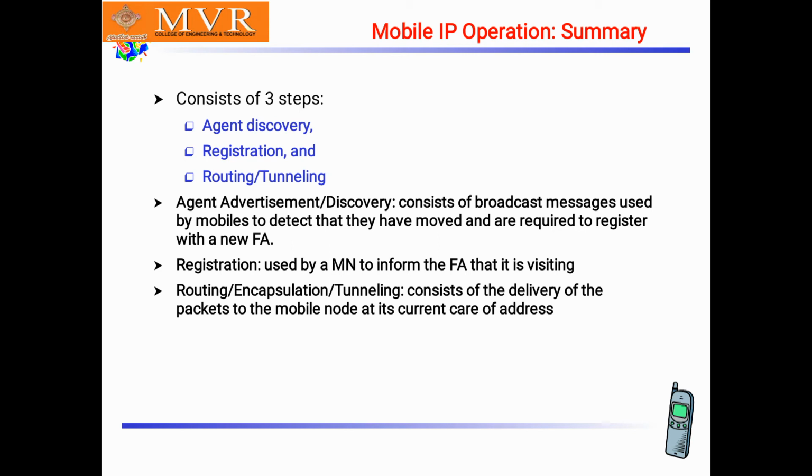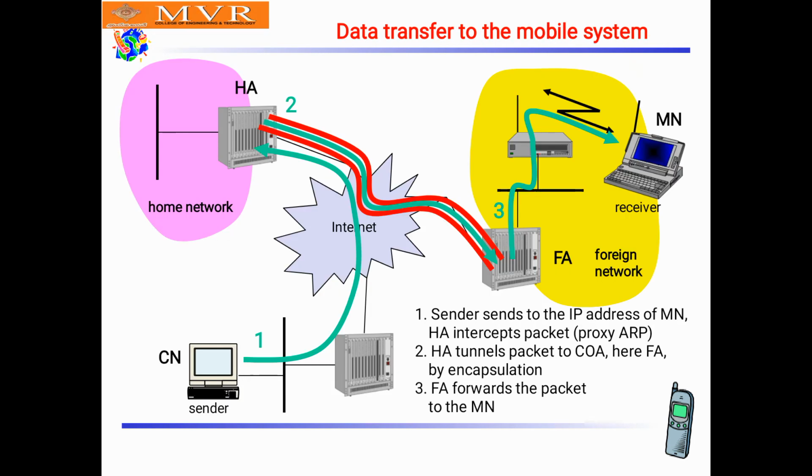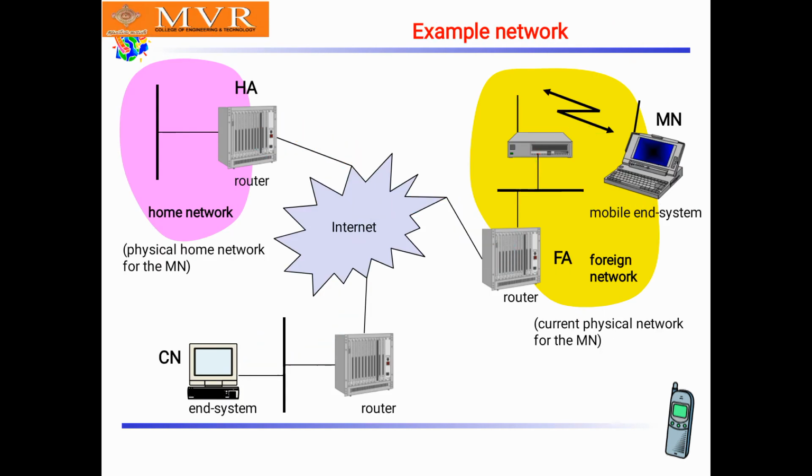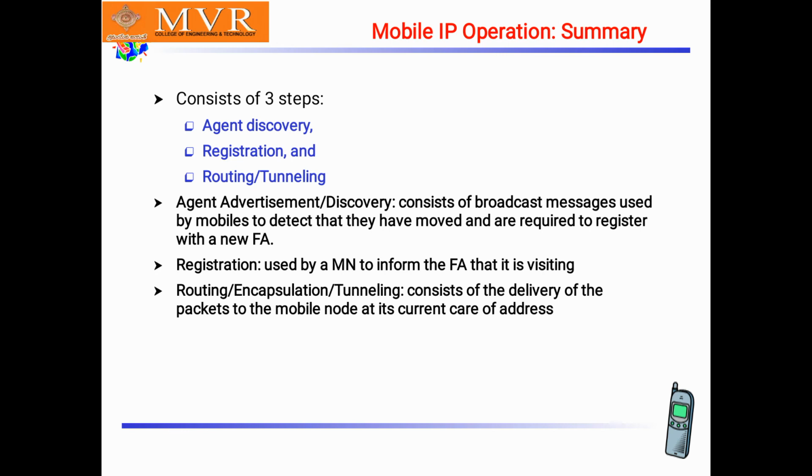The routing encapsulation tunneling consists of the delivery of the packets to mobile nodes at the current care of address. The mobile IP operations are agent discovery, registration and routing tunneling.